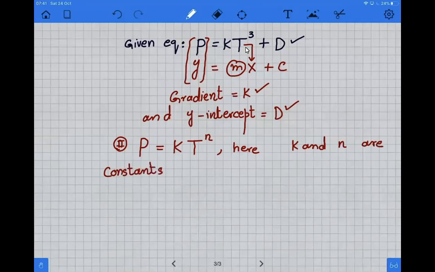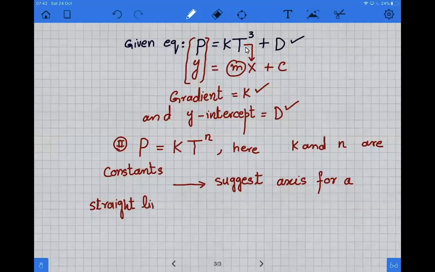And now in this question, first thing is, generally they don't ask, but what if they ask you, suggest axes for a straight line graph. This is the first thing.